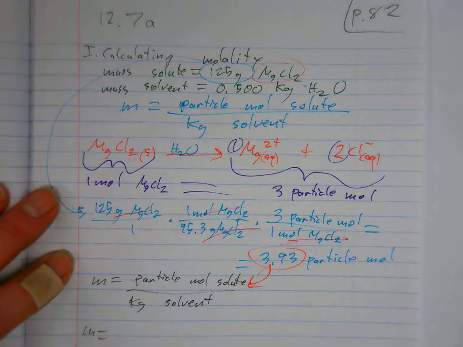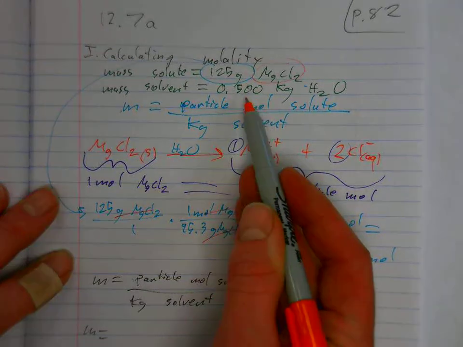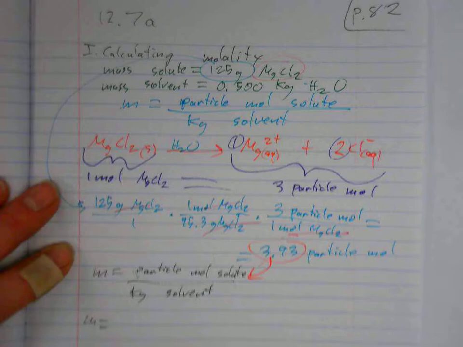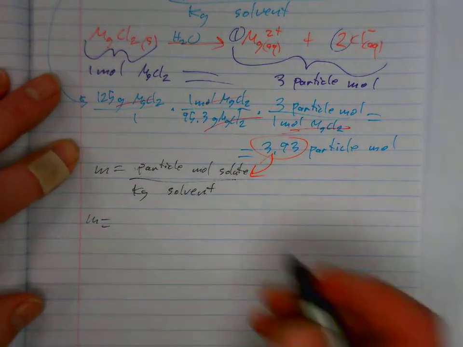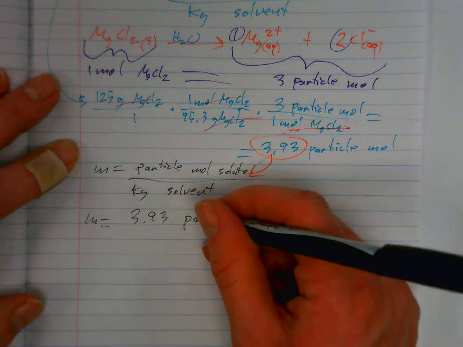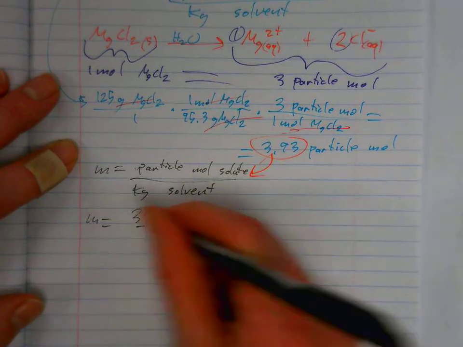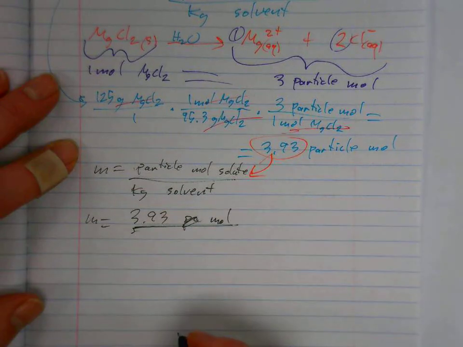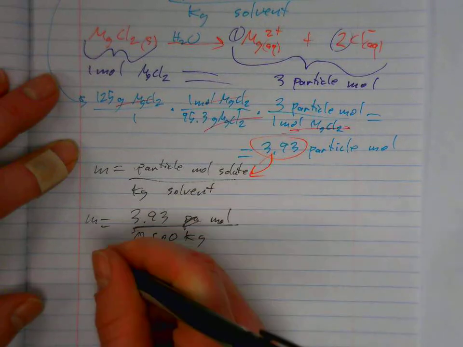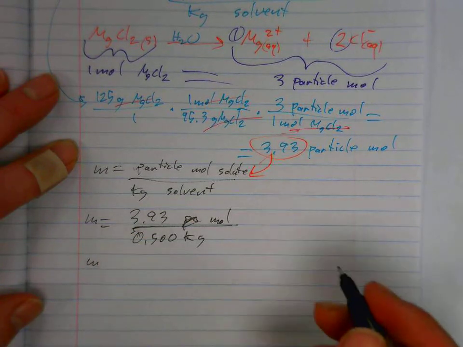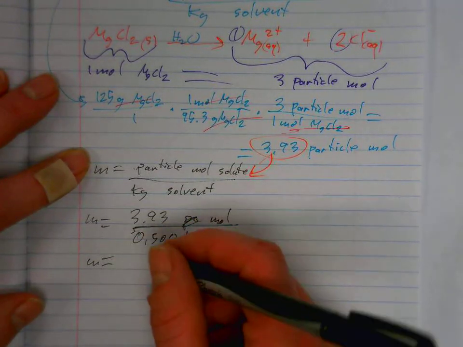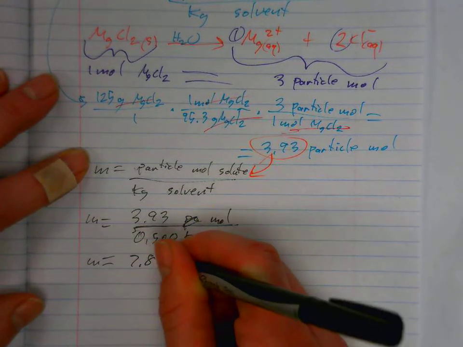So we have 3.93 moles divided then by the kilograms of the solvent, 0.500 kilograms. Calculate that, and the molality comes out to 7.87 molal. And I had carried out the digit, so that's why it rounded up. I think if you plug in 3.93, it's 7.86.